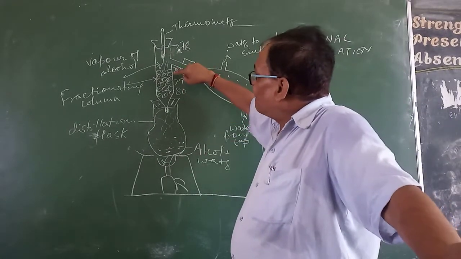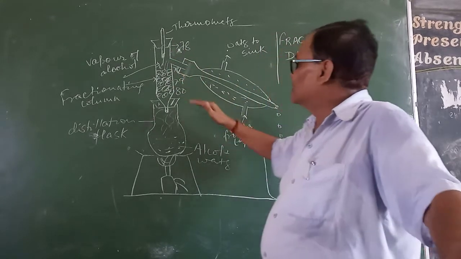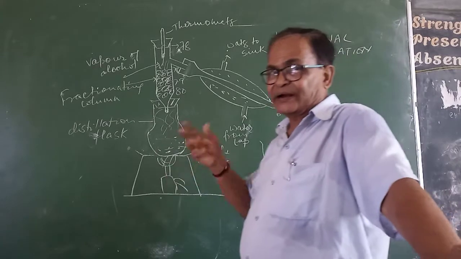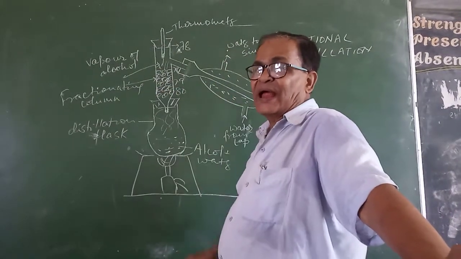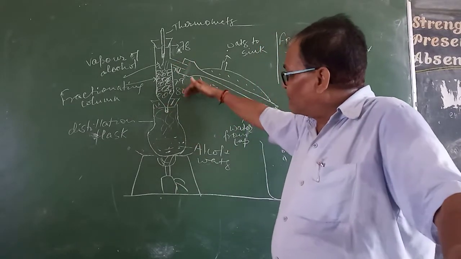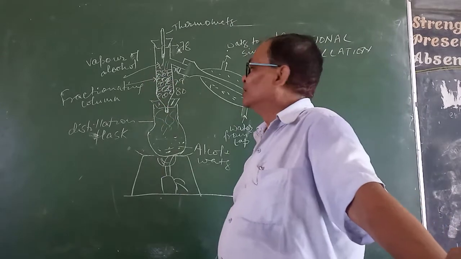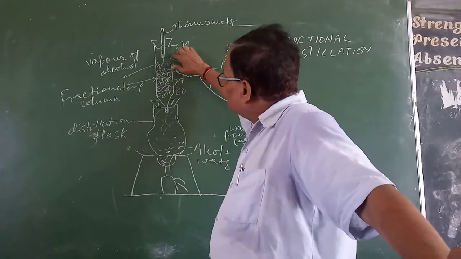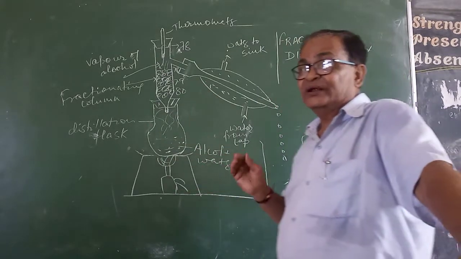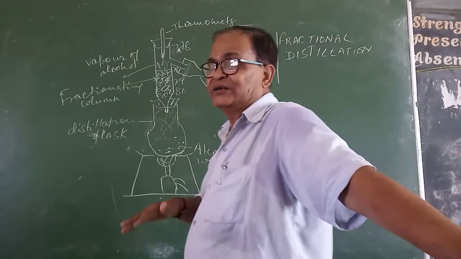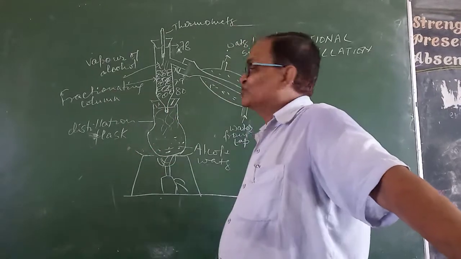At the upper part of the fractionating column, the vapors get condensed due to the low temperature and again come back to the distillation flask. The temperature of this fractionating column starts rising due to the release of heat energy by the vapors during their condensation.